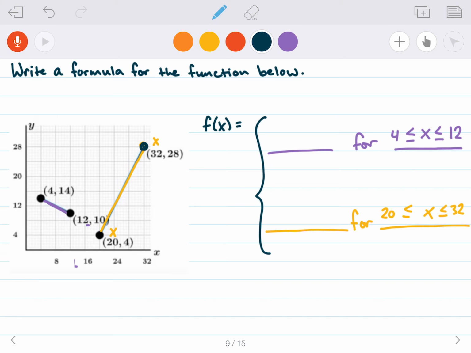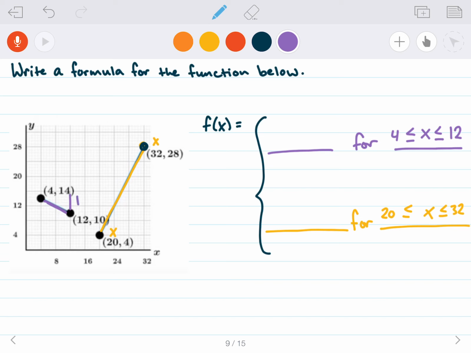Now, it might not be obvious here to do rise over run because it might look a little bit clunky, because I have a fractional value right here, or so it seems to be. But you can do rise over run if you think about it. It's not too bad, because you're going from y equals 10 to y equals 14.